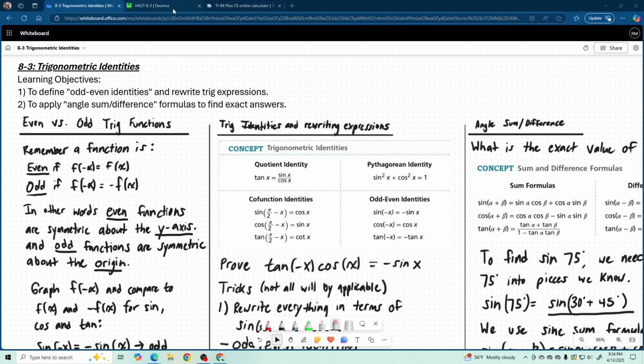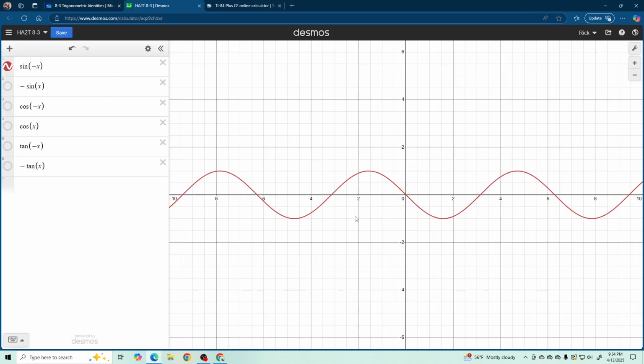So I'm just going to plug a couple things into Desmos here. Here we have sine of negative x. You'll notice that it looks a lot like sine of x, but instead of going up initially, it goes down. I'm going to prove to you that sine is actually an odd function.